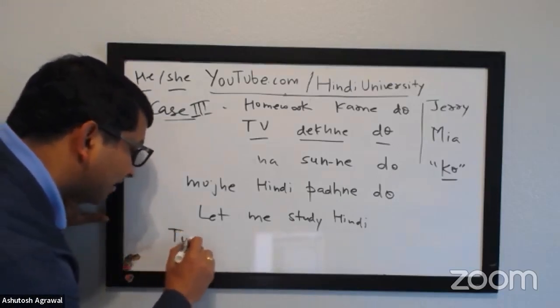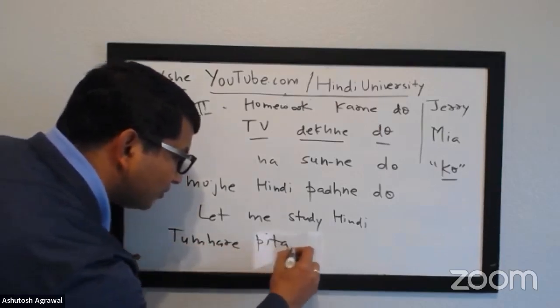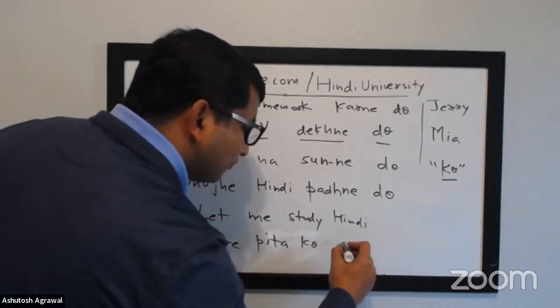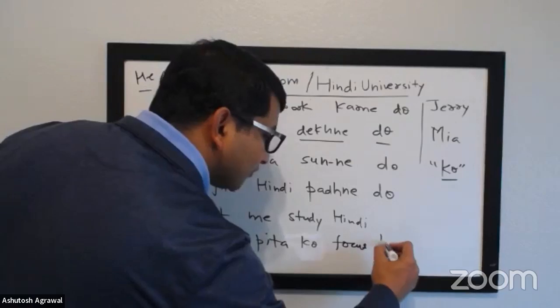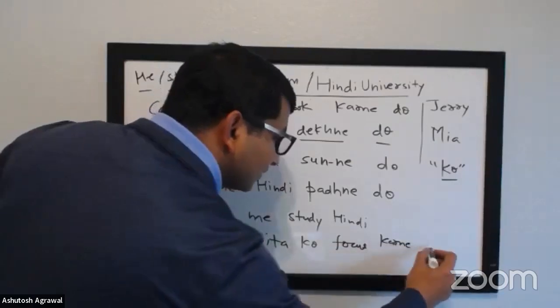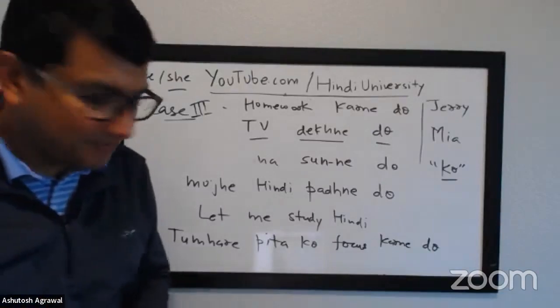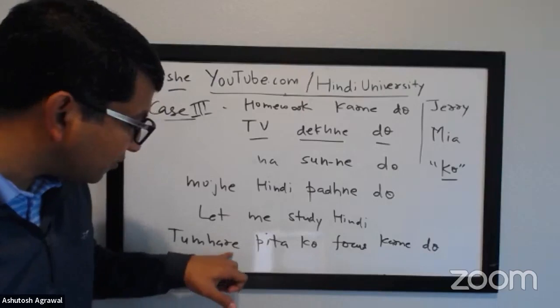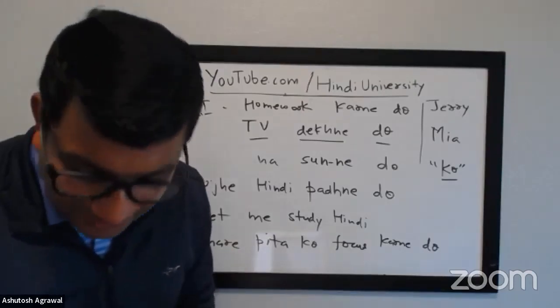So you can say तुम्हारे पिता को, तुम्हारे पिता को focus करने दो. Would it be tumhare or would it stay tumhara? Because it's ko, तुम्हारा changes to तुम्हारे. Yeah. Awesome.